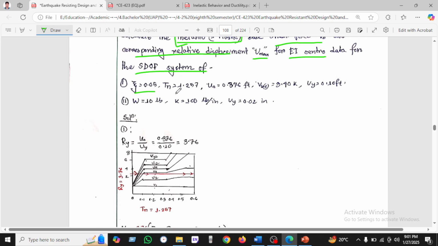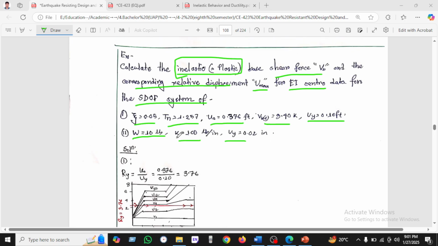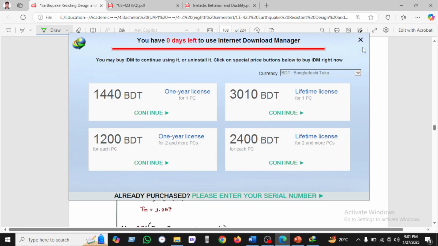We have damping ratio 0.005, Tn equal to 1.275, Un equal to 0.375, base shear is 9.4, Uy equal to 0.15, W equal to 0.10 pound, K equal to 100, and Ub equal to 0.2. So we have to calculate the inelastic base shear. Let's see here.